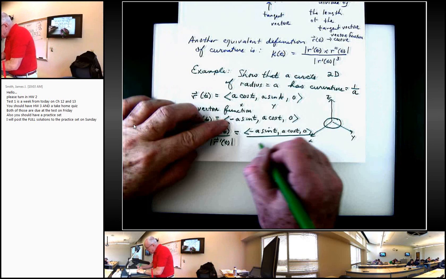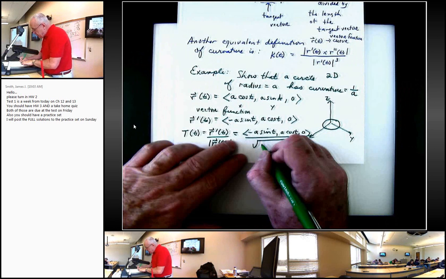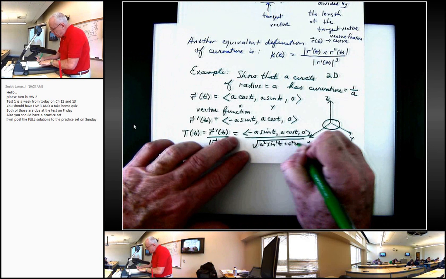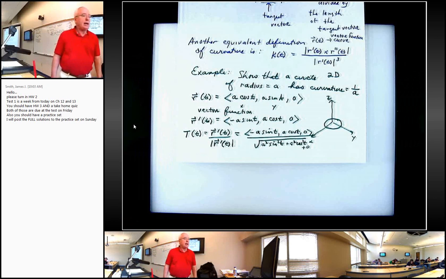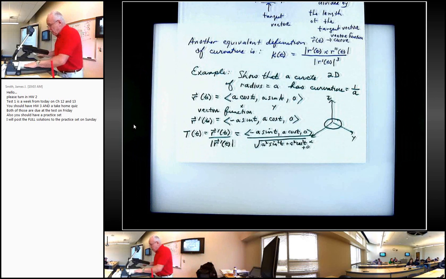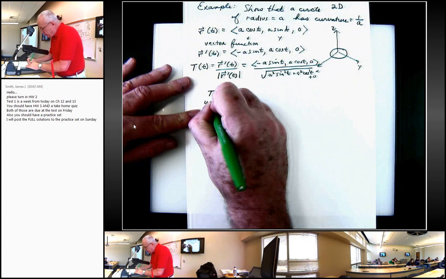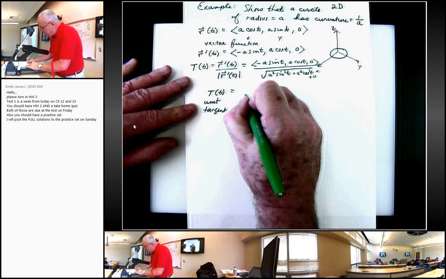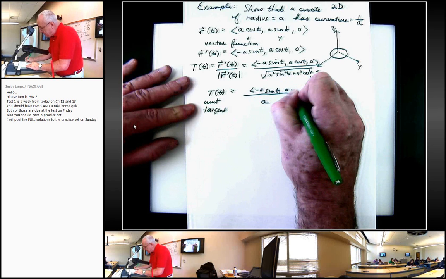It's the square root of the squares of the individual components: a squared sine squared of t plus a squared cosine squared of t plus 0. That simplifies in the denominator to just a, since sine squared plus cosine squared is 1. So this is what we get for our unit tangent function T: in the denominator a, and then we have minus a sine t, a cosine of t, and 0.